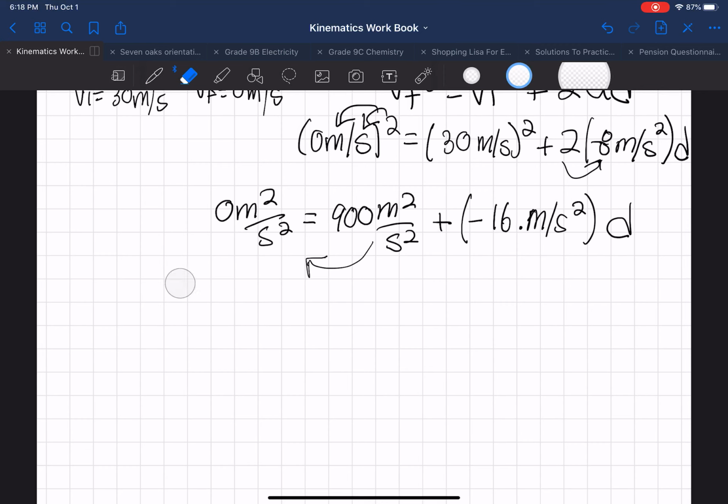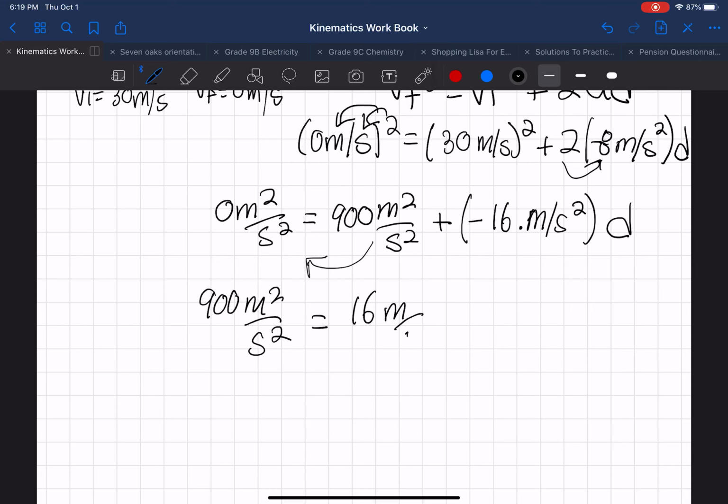So I'm just going to actually exit that and give you 900 meters squared over seconds squared, which equals 16 meters per second squared times D. Okay, so that's all over there. We divided it over, so it was negative because we minus the 900 over.